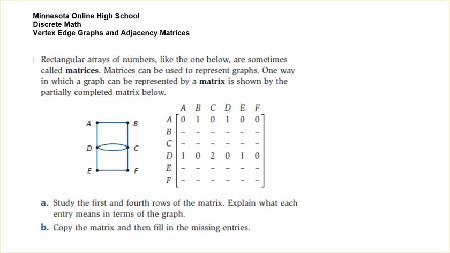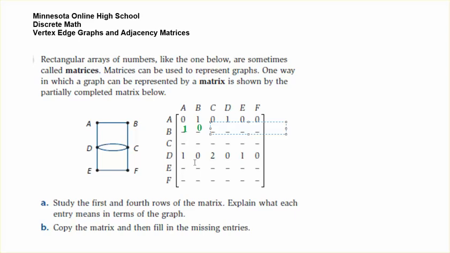Let's fill in row B together. The first thing we are looking for is how many lines connect B to A. We already found above that B and A are connected with one line. Our next spot is looking for B to B. There are no lines connecting B to itself, so that becomes a 0.